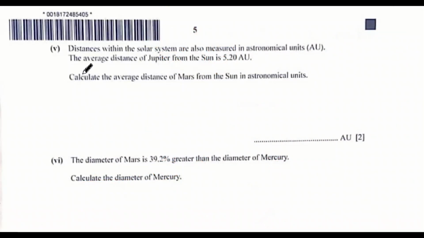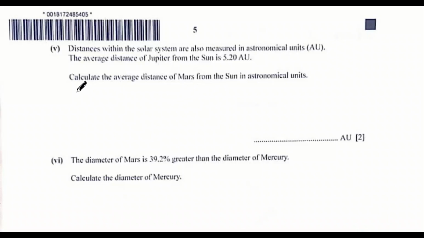Roman figure 5. Distances within the solar system are also measured in astronomical units, AU. The average distance of Jupiter from the Sun is 5.20 AU. Calculate the average distance of Mars from the Sun in astronomical units.